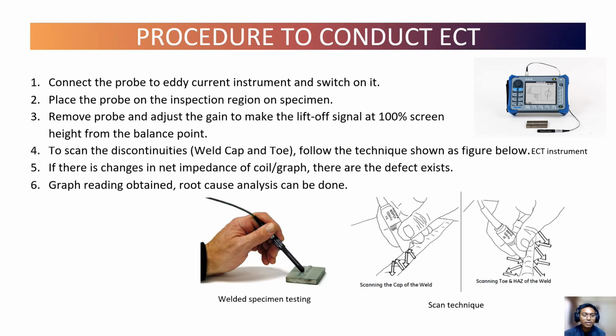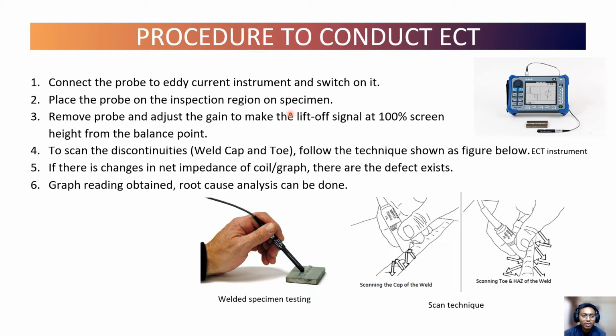Next, here is the procedure to conduct ECT. This is the general procedure on welded specimen testing. First, we need to connect the probe to the eddy current instrument and switch on the instrument. Look at the picture here. This is the ECT instrument.